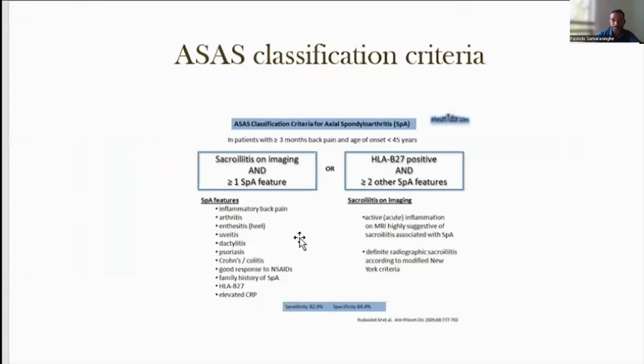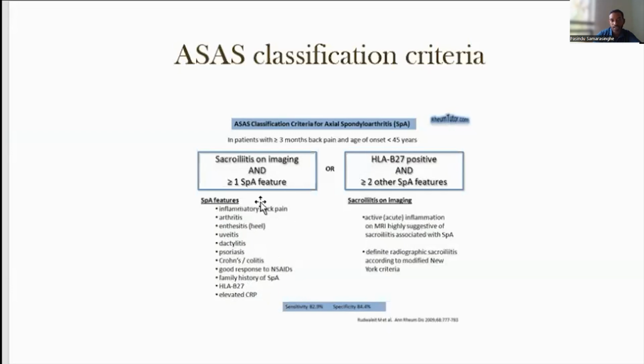See whether it's inflammatory back pain as I described before, whether there is morning stiffness and it improves with activity. Then look for any arthritis, usually in the lower limbs, oligoarthritis, and look for enthesitis, uveitis, dactylitis, psoriasis. Look for Crohn's, colitis, ask from history, family history, and inflammatory markers. So go through these features.